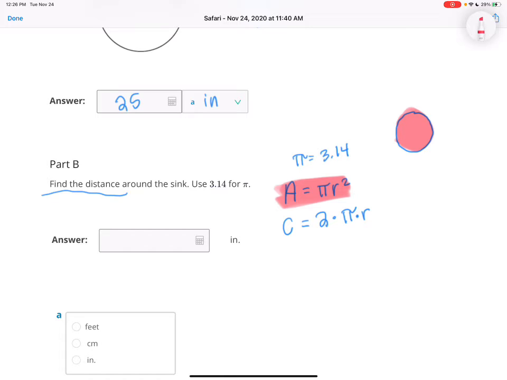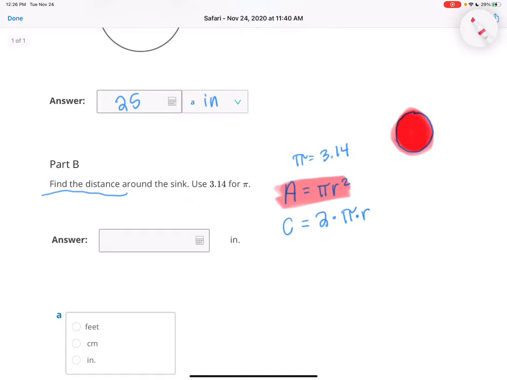To give you guys a real life example, if I had a container and it had a lid, right? The area would be the lid that covers the circle, okay? Now, I can't get into volume because we didn't get there just yet, but the area will be the lid that covers the circle, which means that it would be the inside of the circle, which is right here, okay?